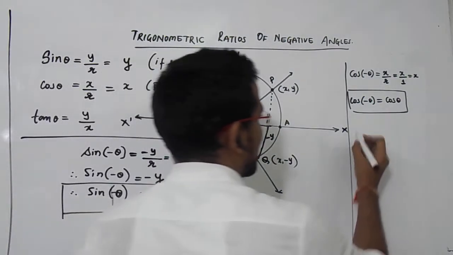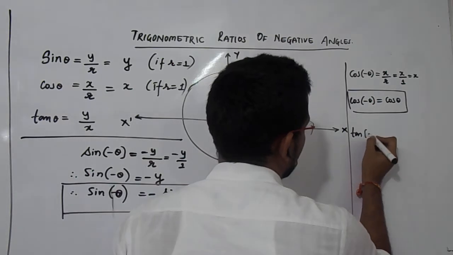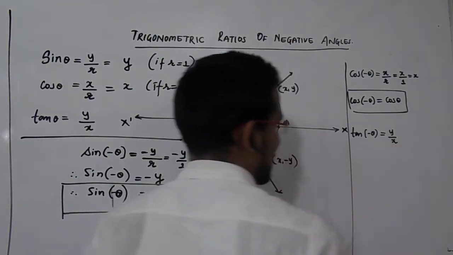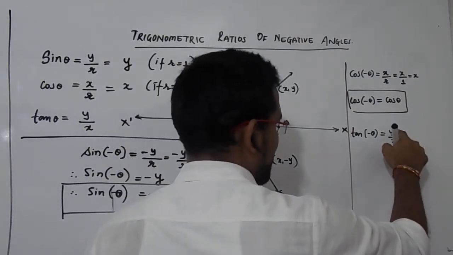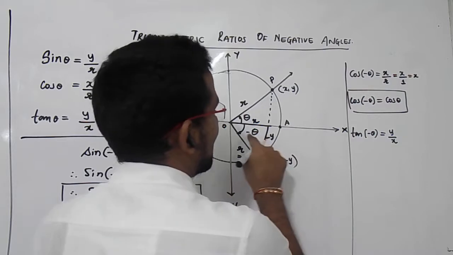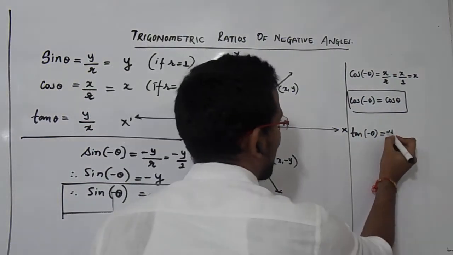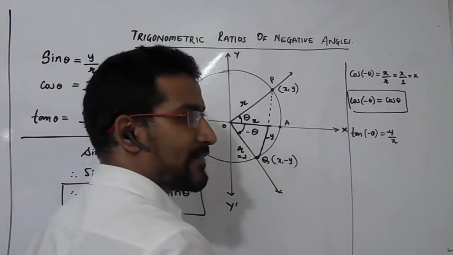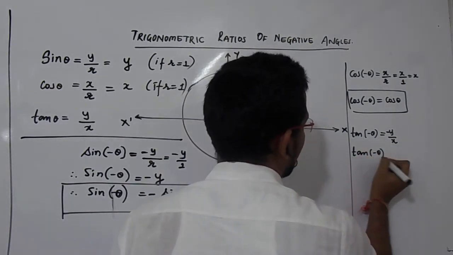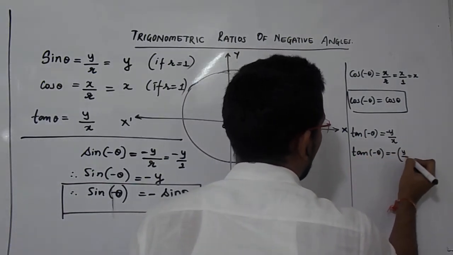Now we take tan. Tan of minus theta is y by x; here we take minus theta, so it is minus y by x. X is positive here. So I can write tan of minus theta is equal to minus bracket y by x.